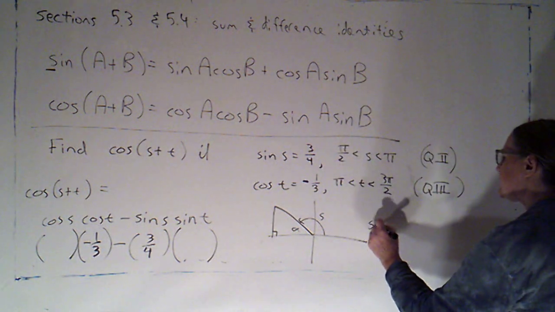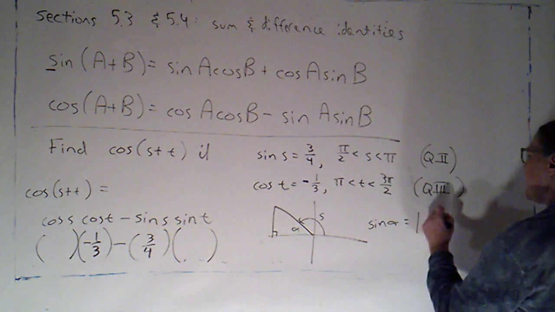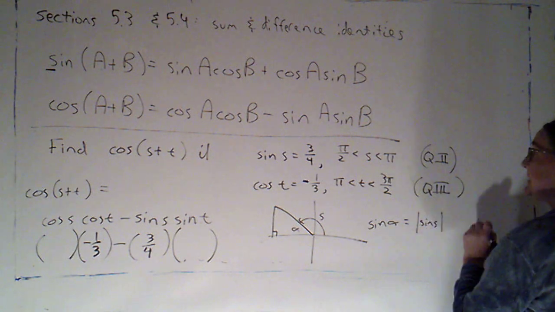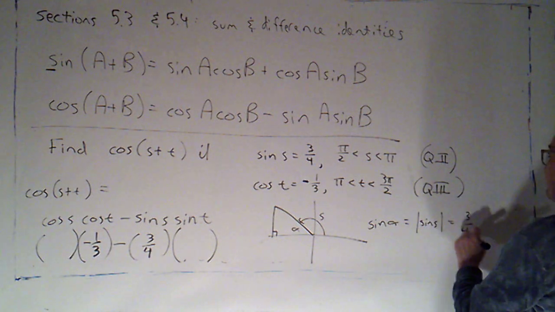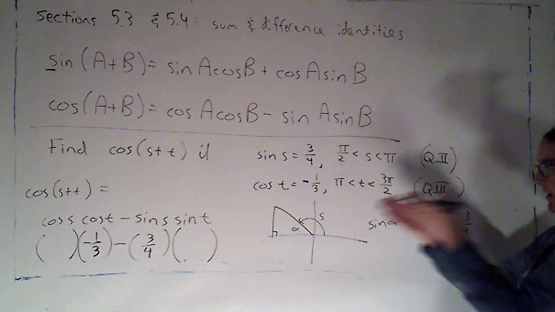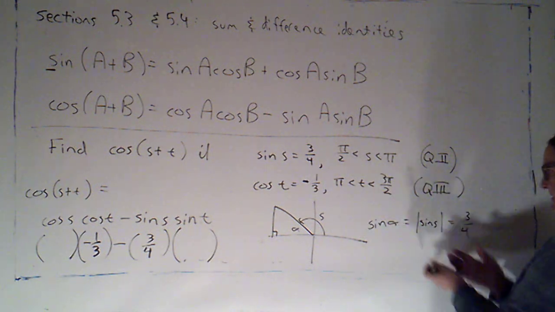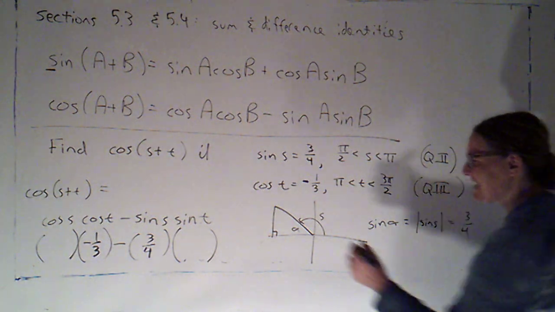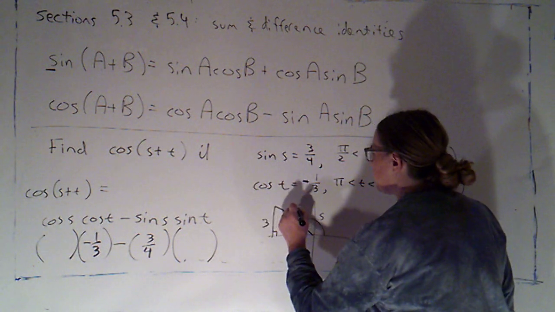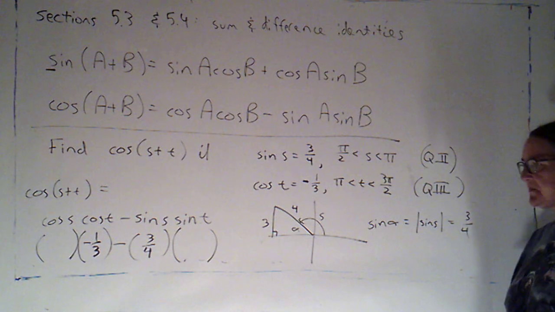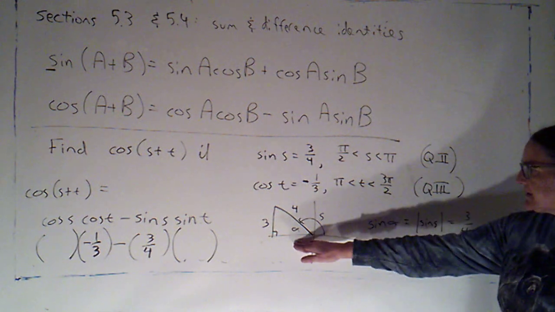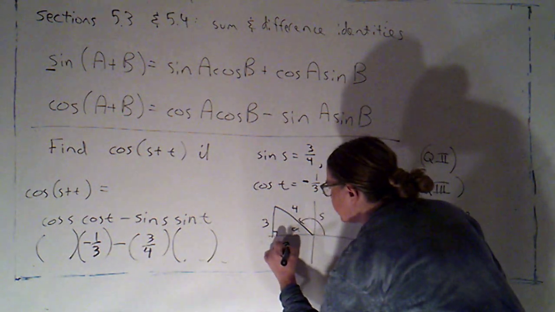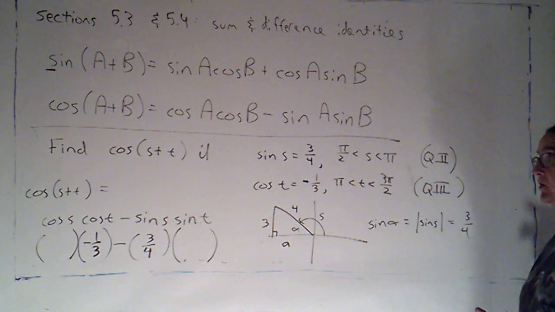So I know that sine of alpha is the absolute value of sine of s. It's just 3/4. With the reference angle, everything's always positive, which is why I'm taking the absolute value. But now I know that sine would be opposite over hypotenuse. So I should be able to solve now for this adjacent side just using Pythagoras.